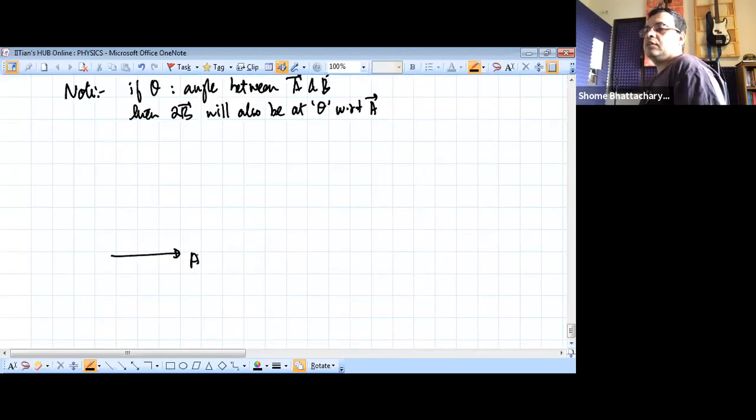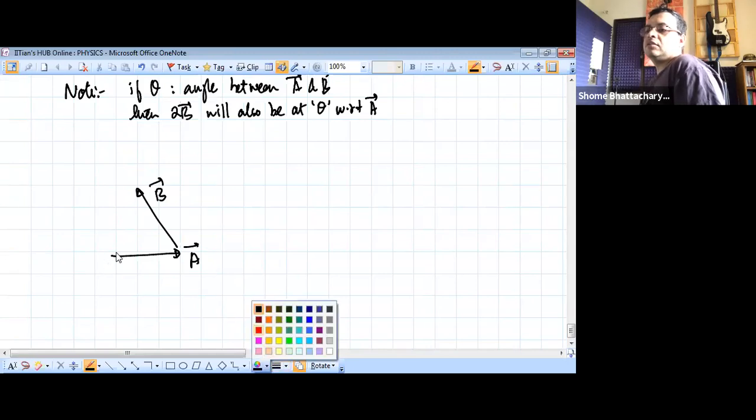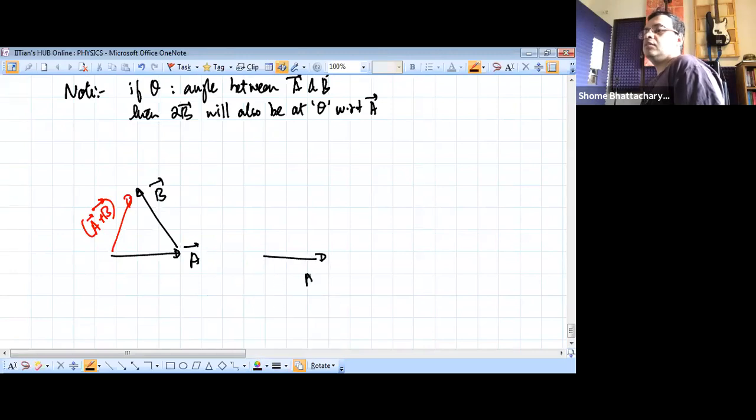अगर ये मेरा वेक्टर A है और ये मेरा वेक्टर B है, then this vector becomes A plus B. So like this, if now this is my vector E, 2B is a vector like this now. It's just of magnitude 2B.